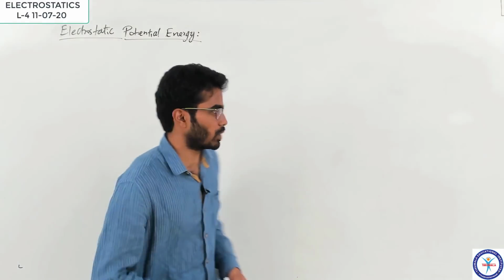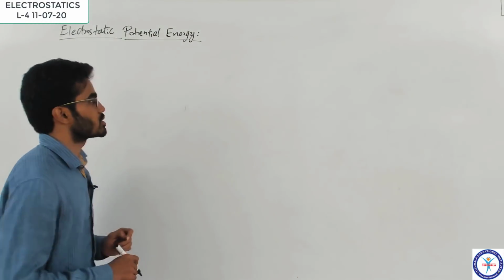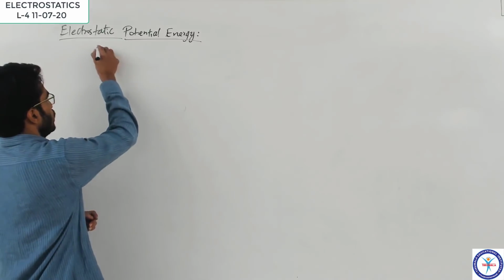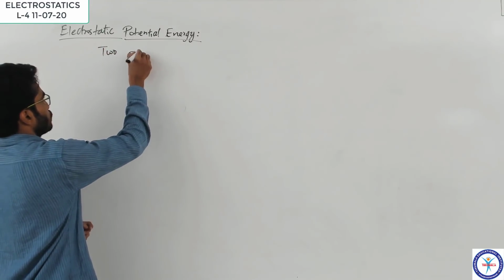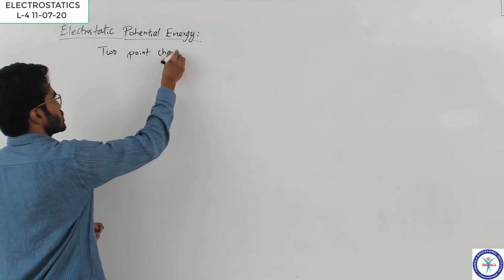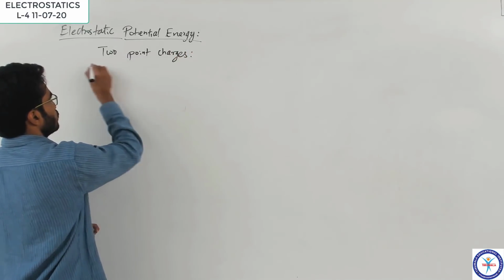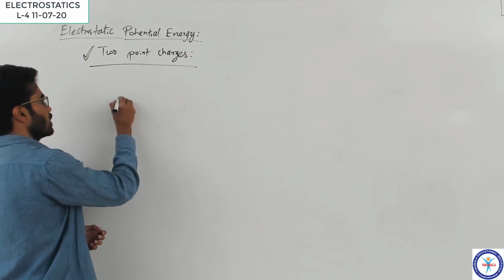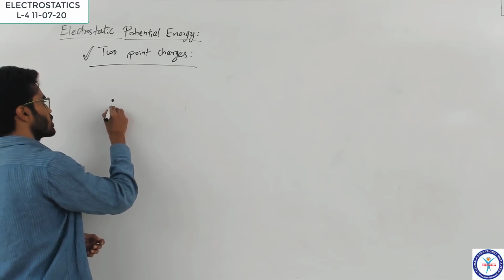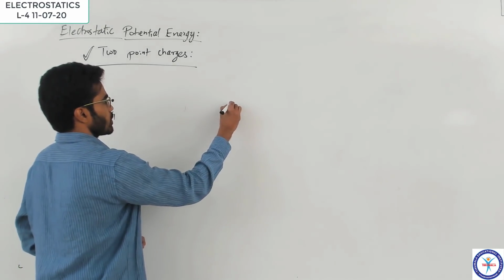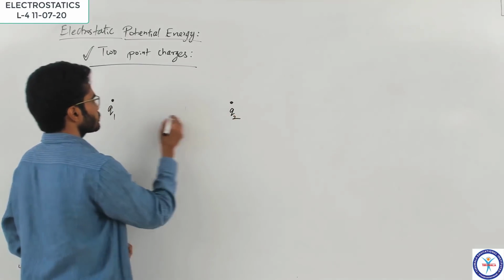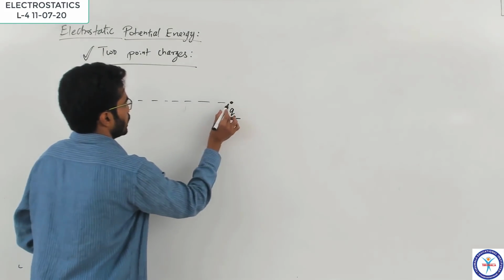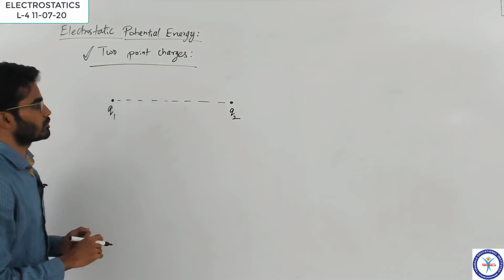Let us discuss the potential energy of a two charge system. 2 point charges. So we have a system of 2 point charges Q1, Q2 at a certain separation.